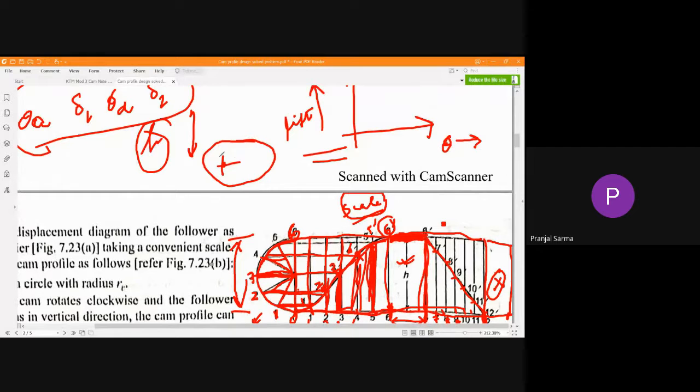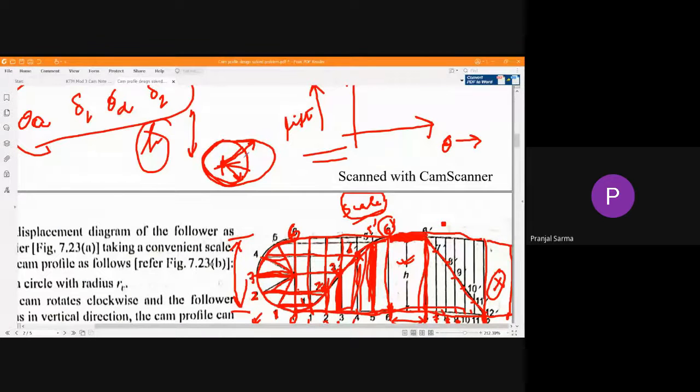Because we know there is a minimum size, that base circle is there, given by the minimum radius of this particular cam. If this is the cam, this is the center of it. Then from here, at a particular cam angle, how much extension is there?